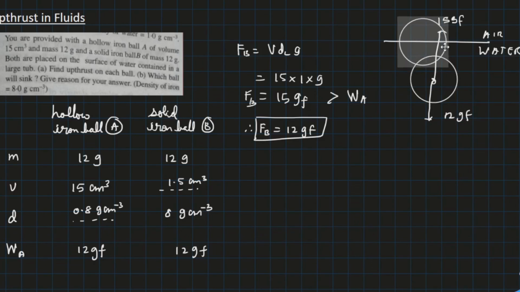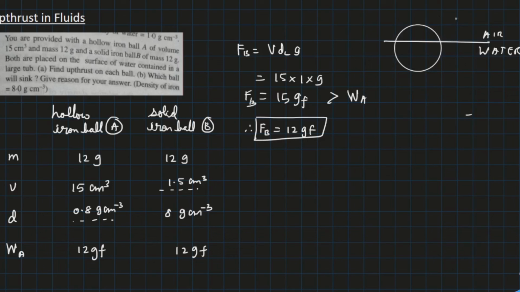It will float with a part of it above water, so that it gets an upthrust equal to 12 gram force when its weight is also 12 gram force. Since 15 gram force is greater than its weight in air, it is going to get an upthrust of 12 gram force, which is equal to the weight in air. Therefore we can say that A will float.